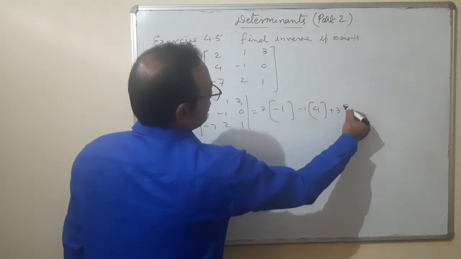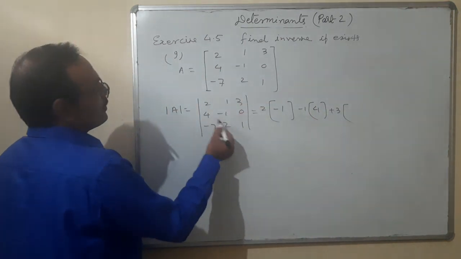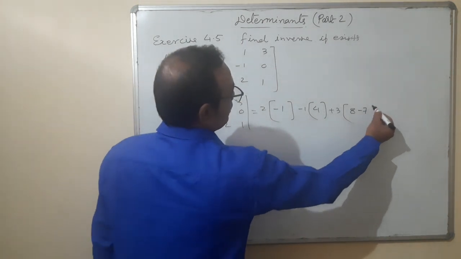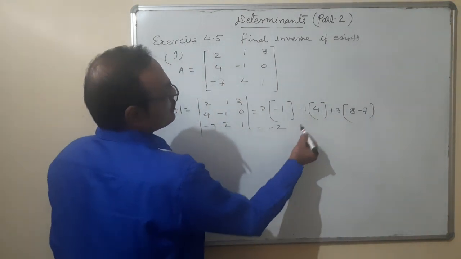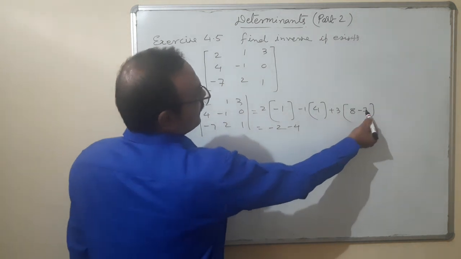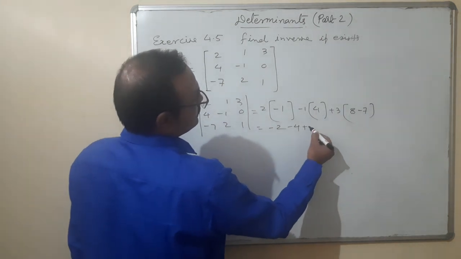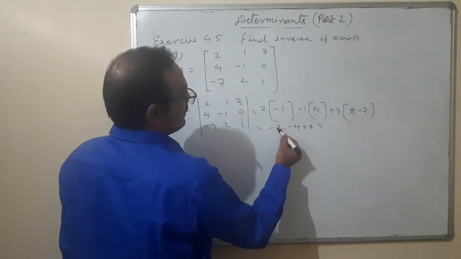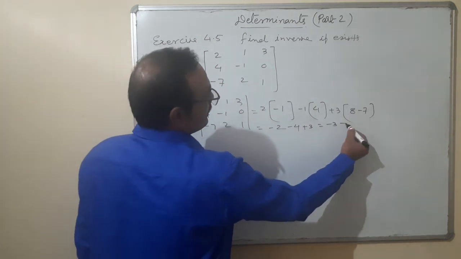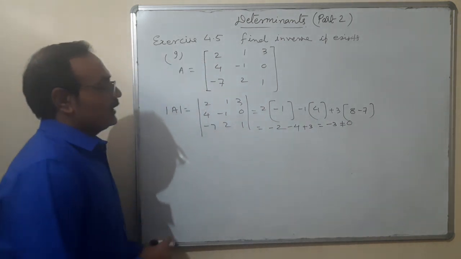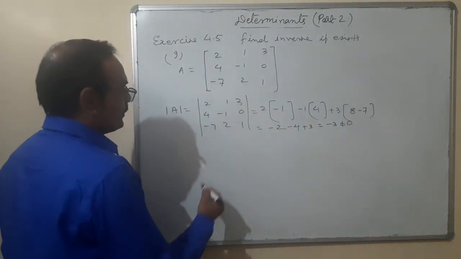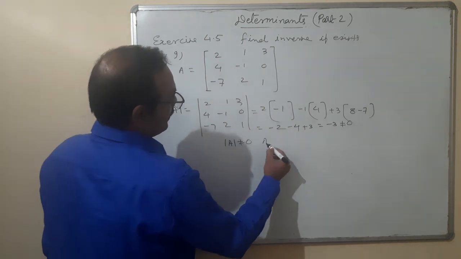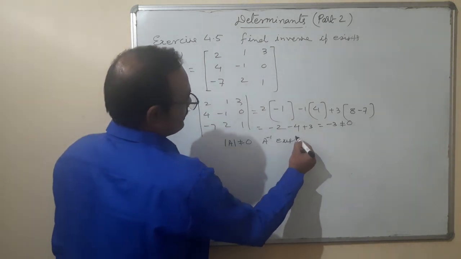And the third one is 3, leaving this column and row, 8 and minus 7. The result is minus 2, minus 4, and 3 times 1, which is 3. 8 minus 7 is 1, 3 times 1 is 3. So this is minus 6 plus 3, which is minus 3, not equal to 0. If minus 3 is not equal to 0, what does it mean? Since this is not equal to 0, A inverse exists.